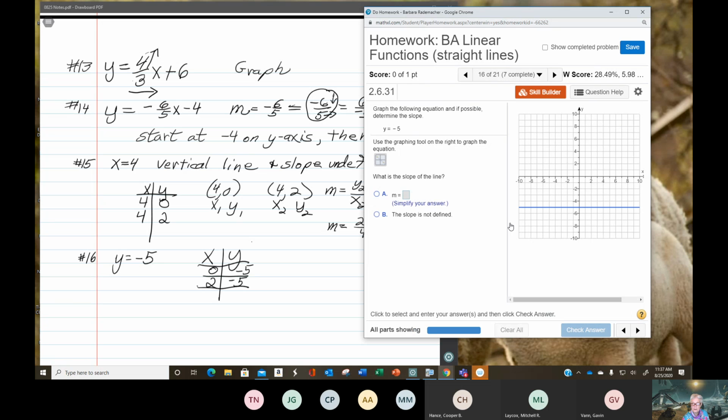And there's our horizontal line. What is the slope of the horizontal line? We're going to go through the same method.